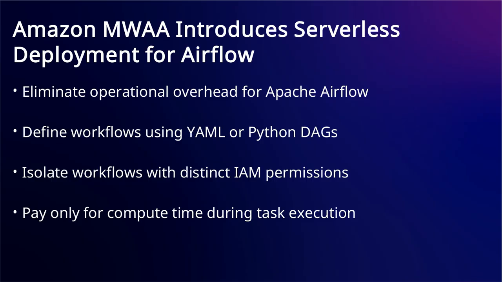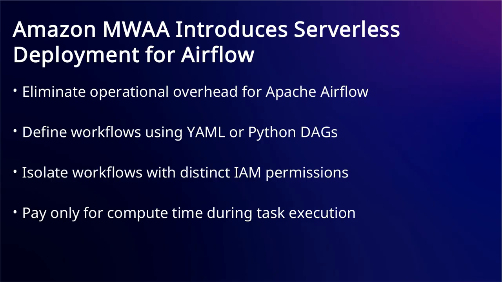Data engineers and DevOps teams face challenges with workflow orchestration, including operational scalability, cost optimization, and access management. Amazon MWAA Serverless addresses these issues by eliminating operational overhead for Apache Airflow environments. You can define workflows using YAML or Python-based DAGs, supporting over 80 AWS operators.